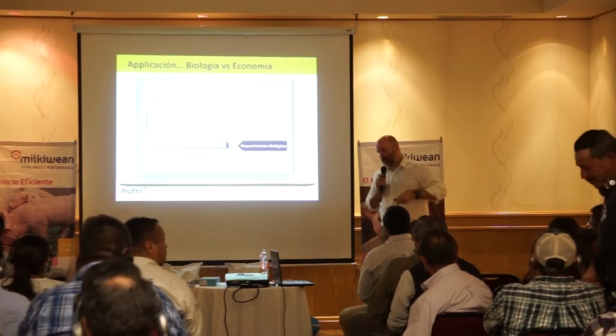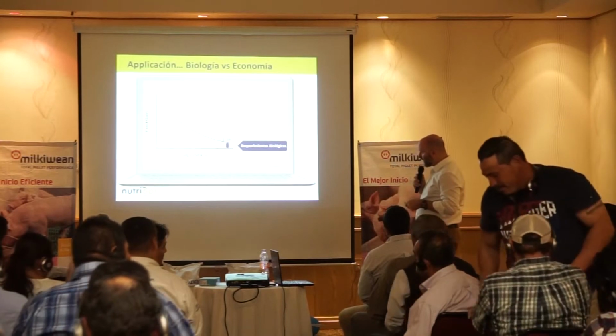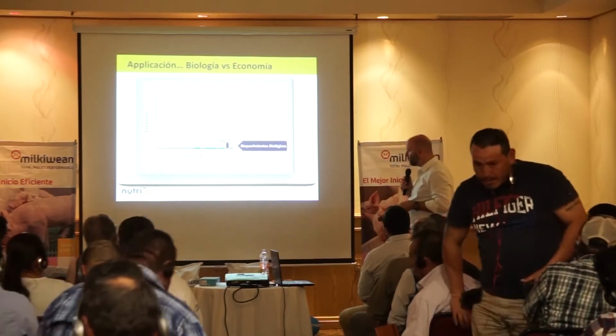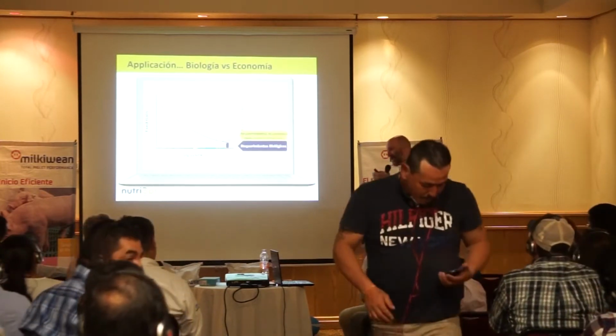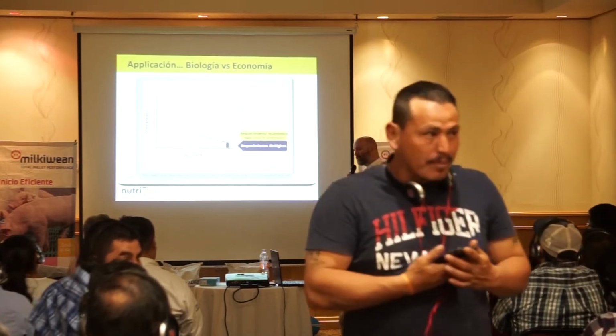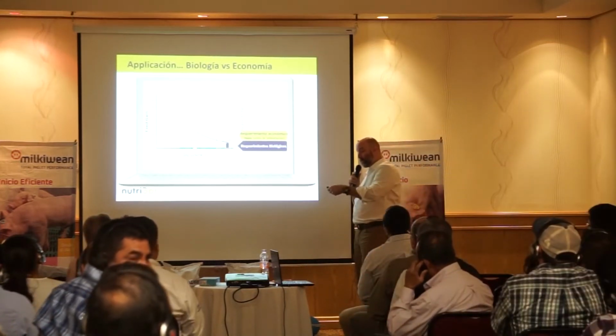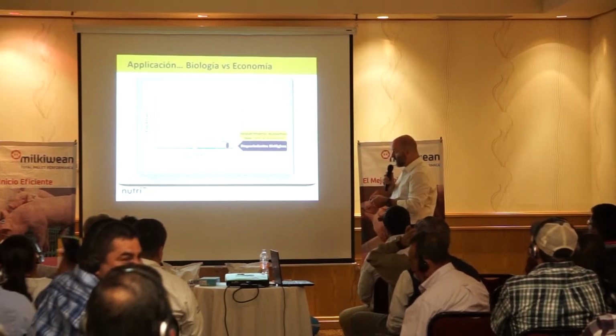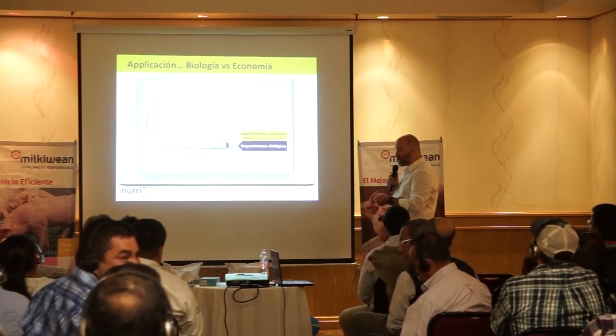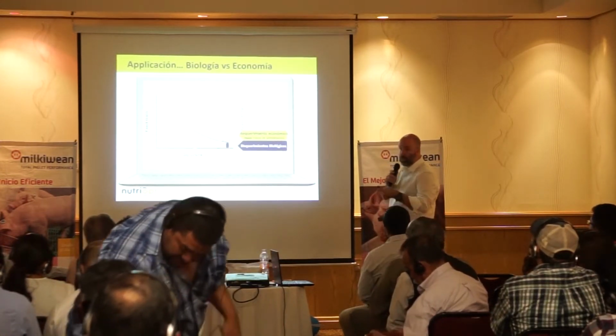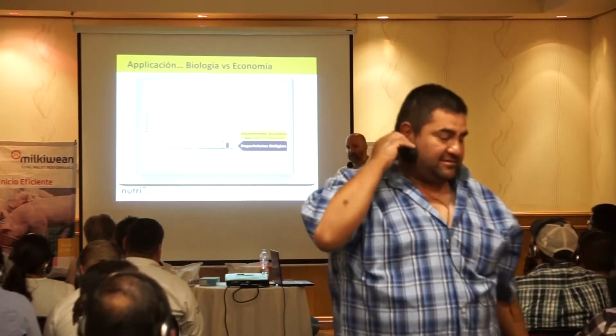This is your biological optimum, 1.36 lysine. However, if we start looking at costs and understanding the price of generating a diet like that and feeding it to a pig, we can see very quickly, well, 1.36 is way too much money. We need to go back to 1.15 lysine in this diet.